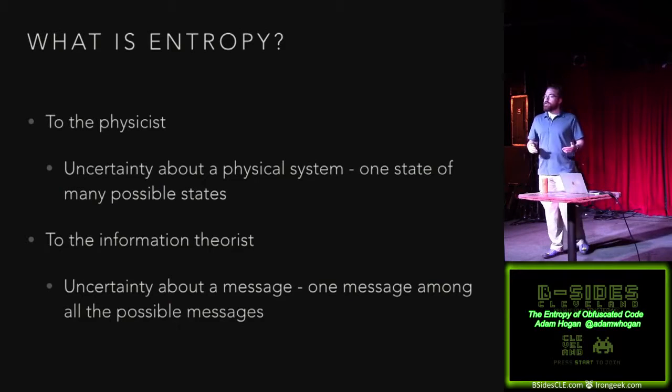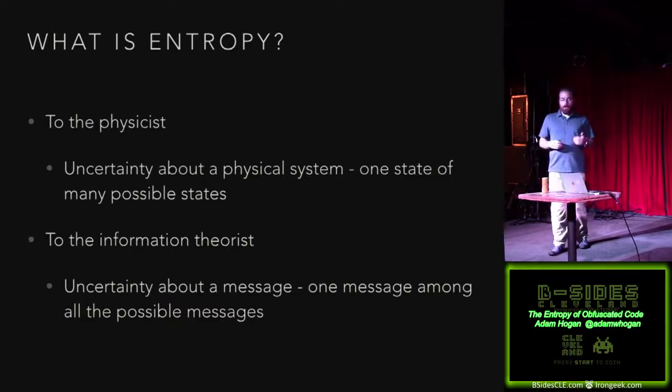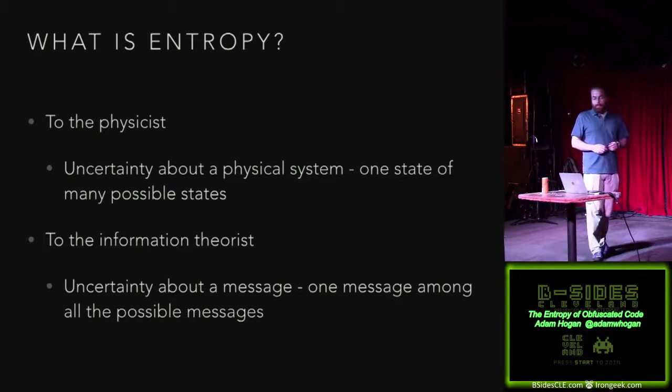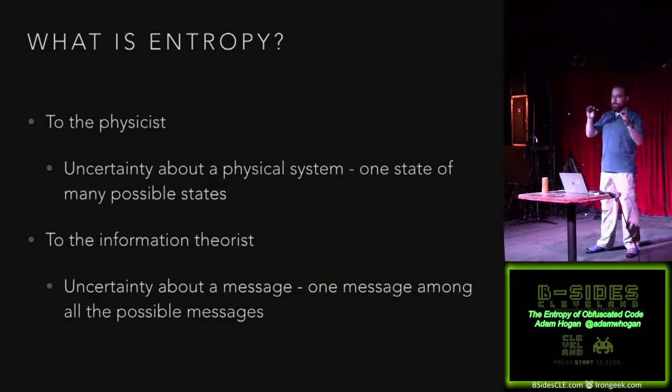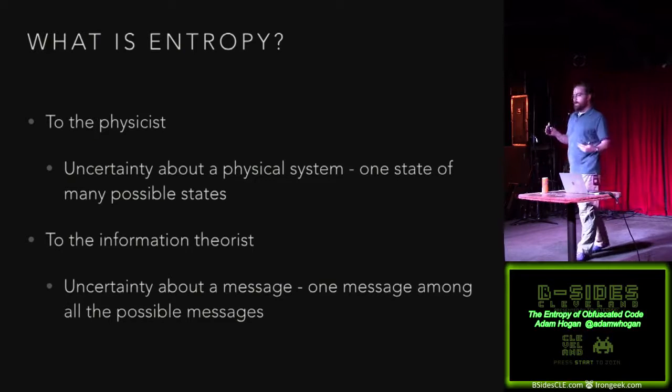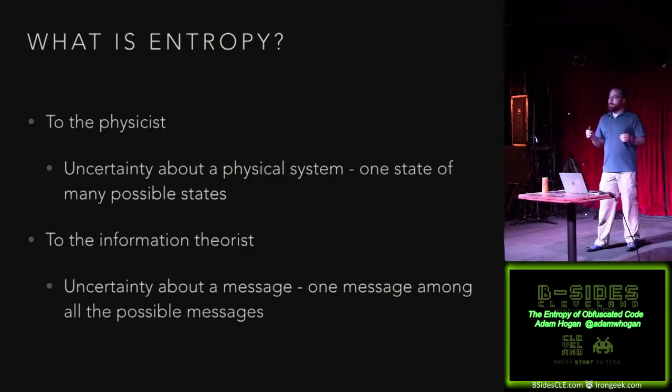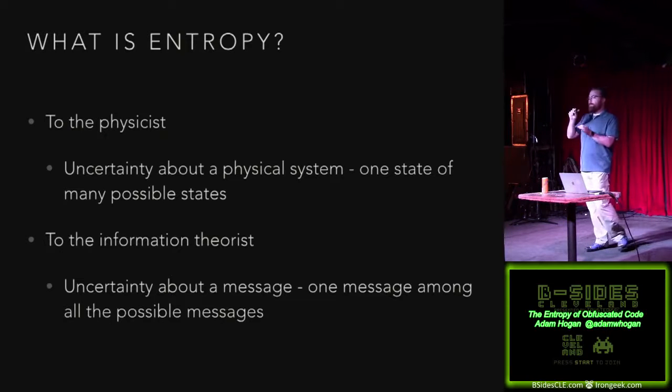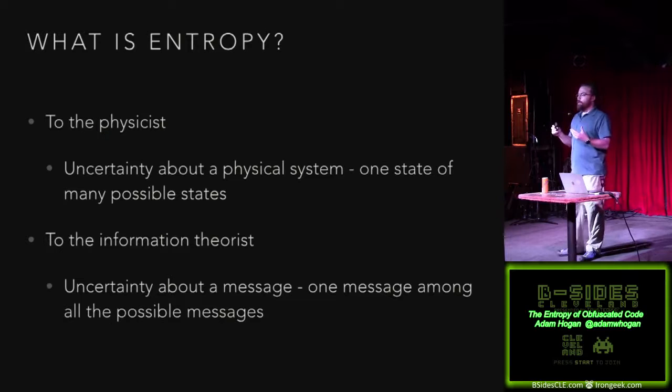Physicists use the term too, where entropy measures the uncertainty about a physical system, where the physical system exists in one state of many states. To an information theorist, uncertainty is about the message. But at an integral level, it's essentially the same thing. Instead of the state of a physical system, we're looking at, out of all the possible messages the data could be, why is it this one?